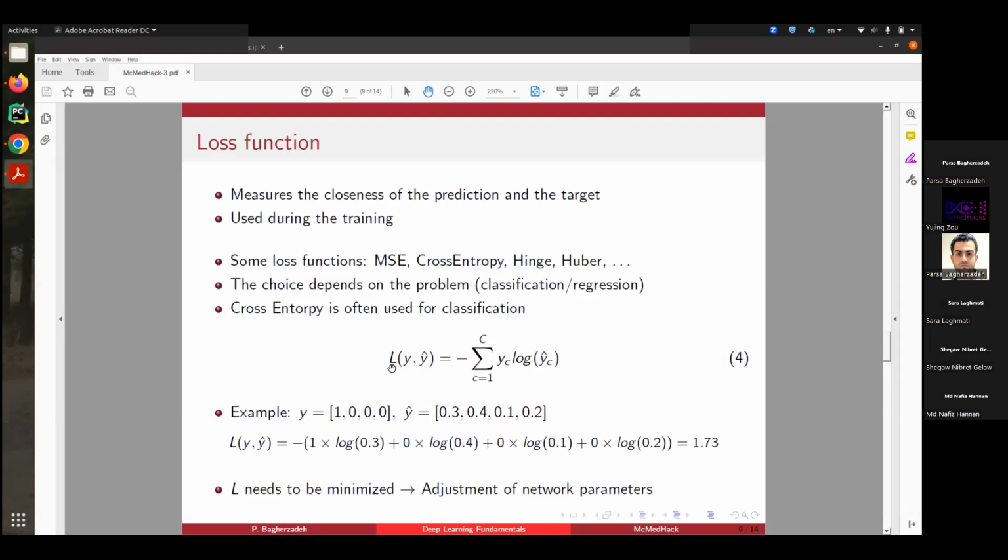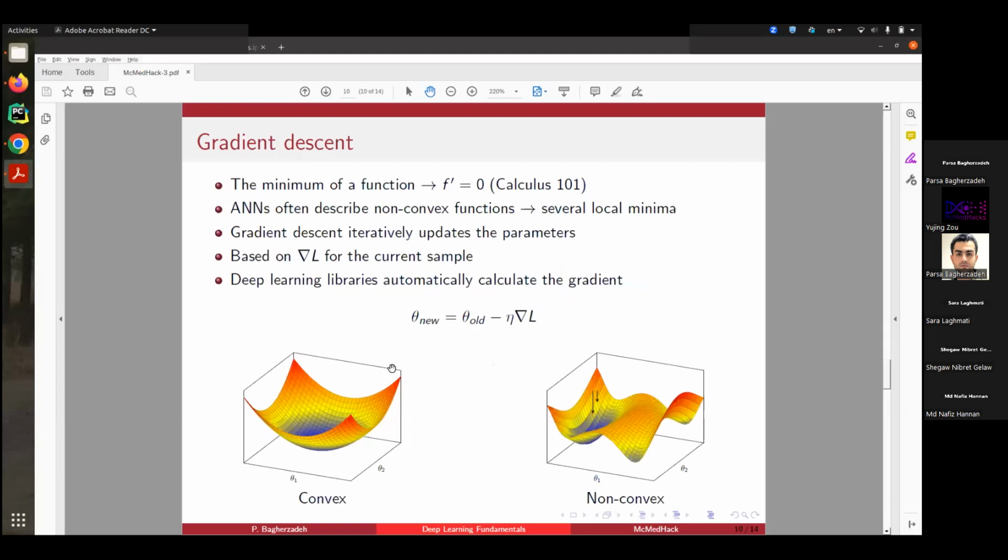What are the variables of the function? If we are interested to see which values minimize a function, we need to take the derivative of that function. And we need to take the derivative of the loss.